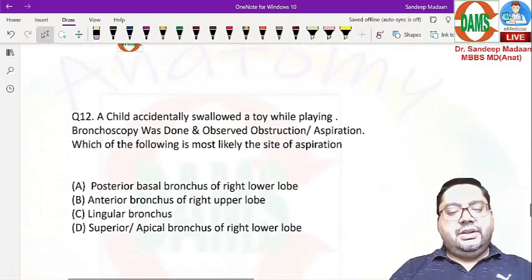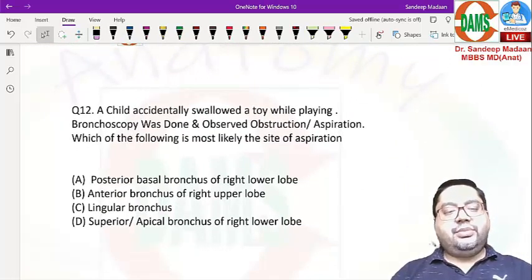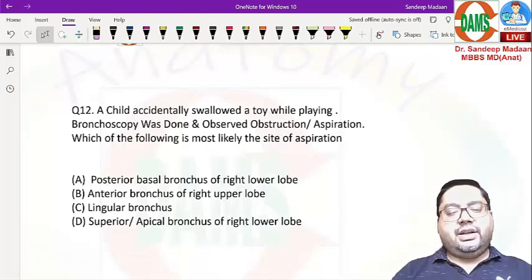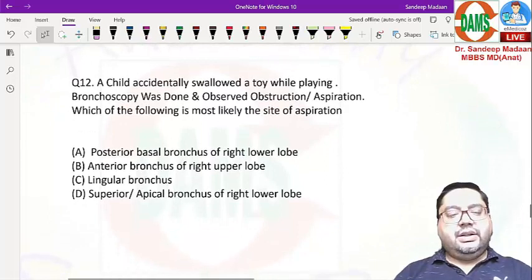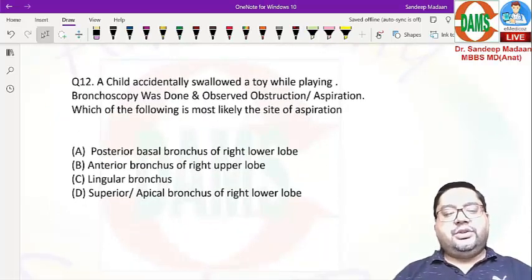The next question is, a child accidentally swallowed a toy while playing, and bronchoscopy was done and aspiration was observed. Which of the following is the most likely site of aspiration? Now in this question, the child was playing, so we can assume that he must be in the erect position, isn't it?